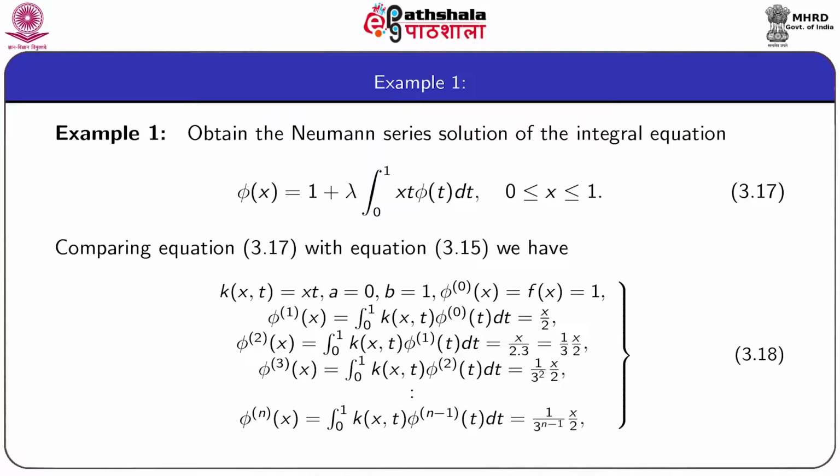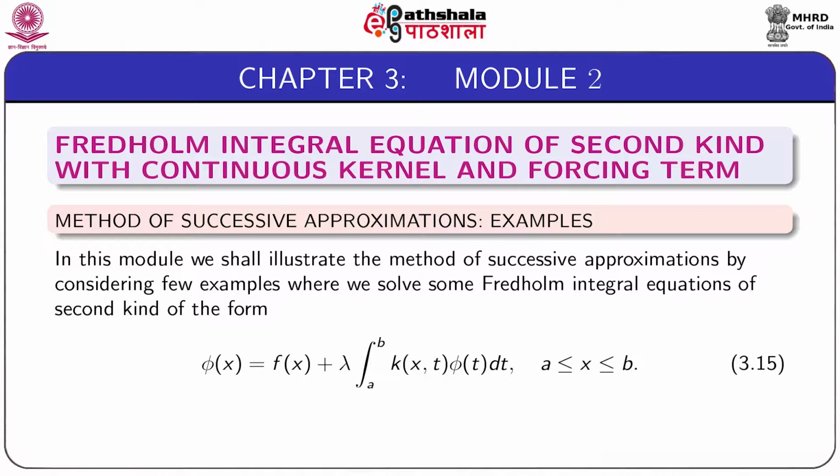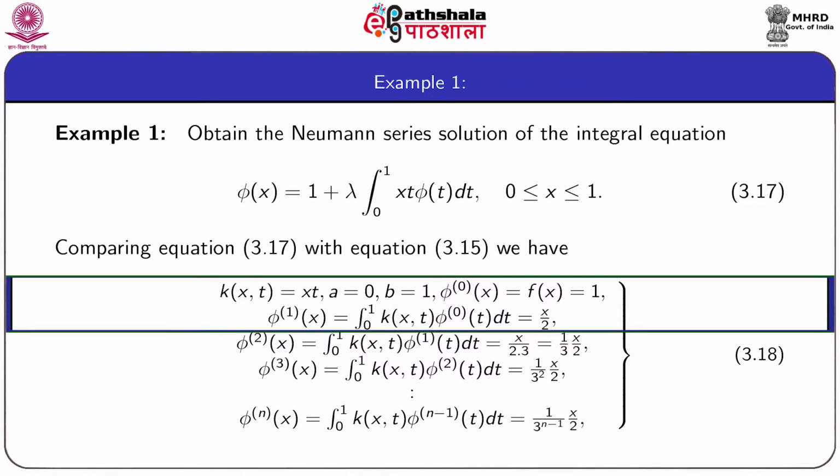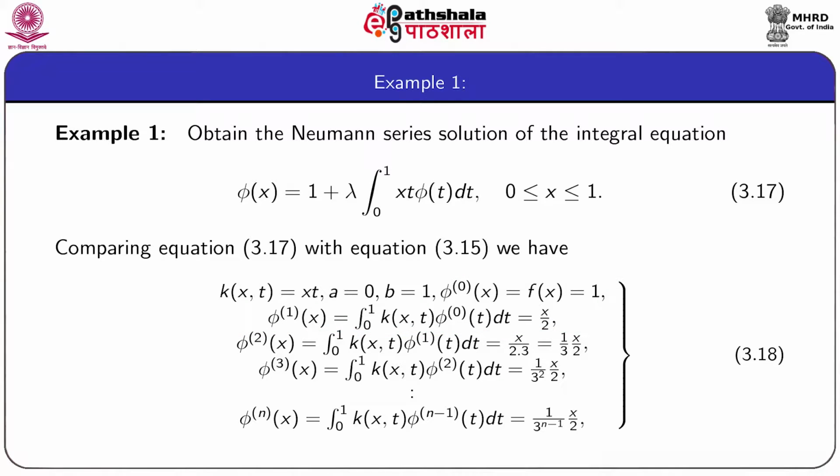If I compare this integral equation with the integral equation given by 3.15, then in this case the kernel k(x,t) is equal to xt, a is equal to 0, b is equal to 1, and phi superscript 0 of x, that is equal to f(x), is equal to 1.